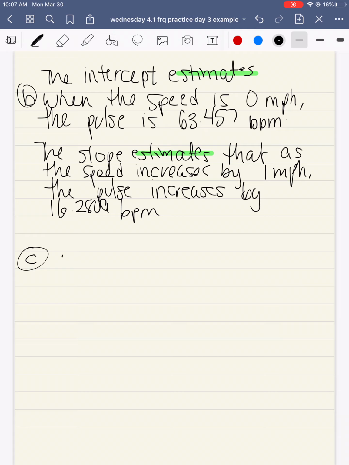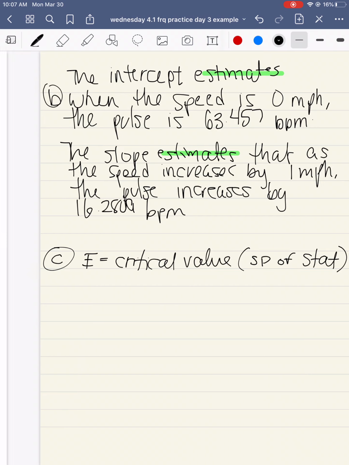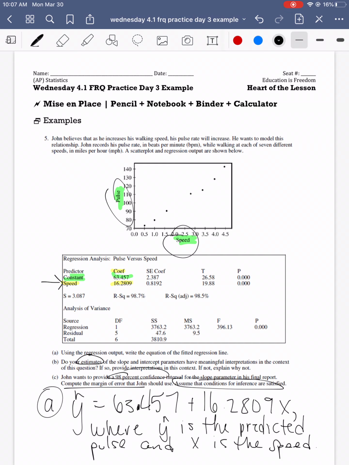The margin of error formula we know is equal to the critical value times the standard deviation of the statistic. In this problem, since we're dealing with slope, this is going to be a slope regression where we use the standard error of our coefficient of the slope in order to calculate this.